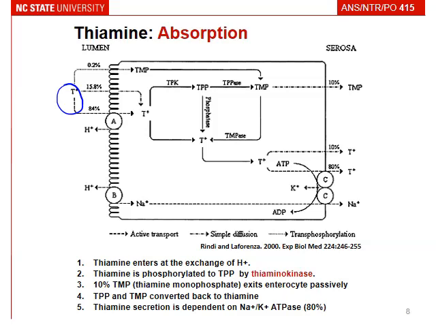About 15% of that thiamine can passively diffuse in, and then 84% is coming in as active transport. So we are exchanging the majority of our thiamine for hydrogens. This is where the active component comes in, because now we have to maintain this hydrogen gradient.